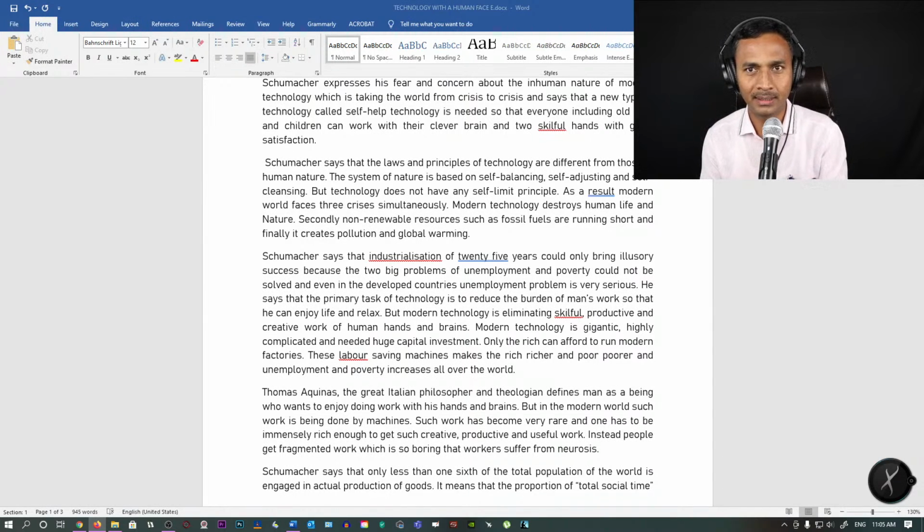How is their condition? At the end it talks about economics or wealth, but initially it is all about how a human being is developed.